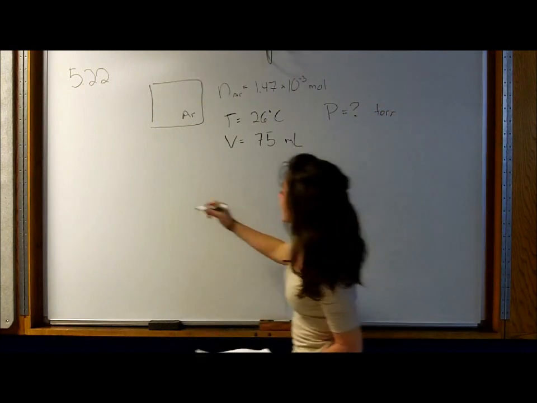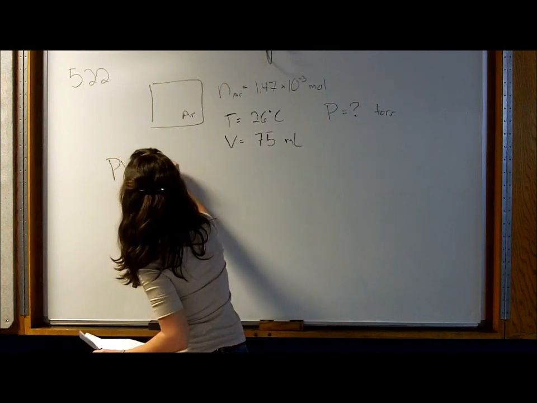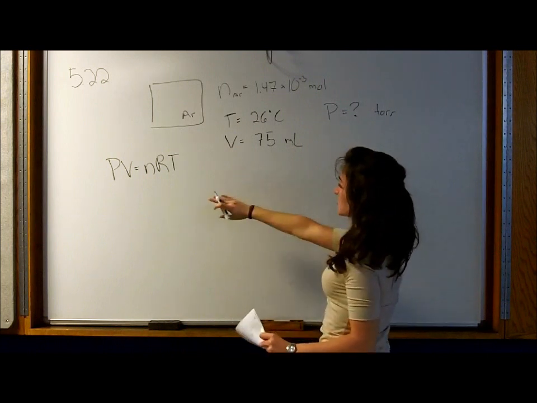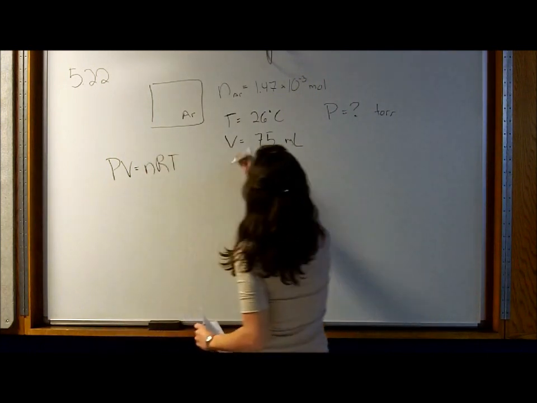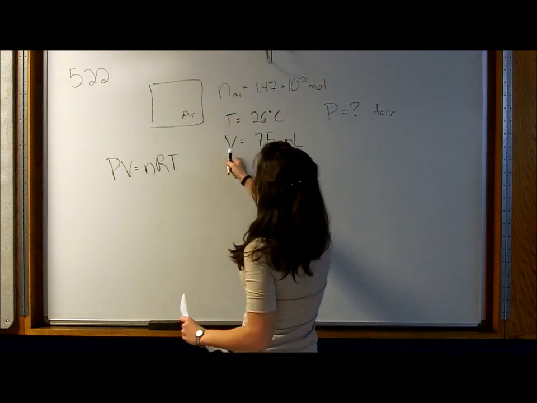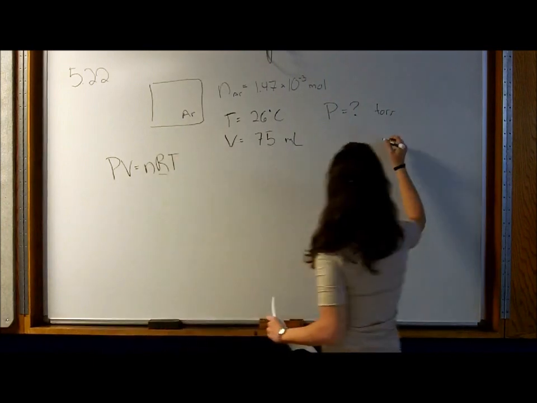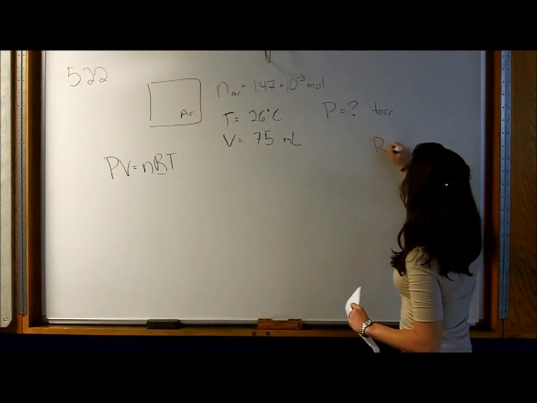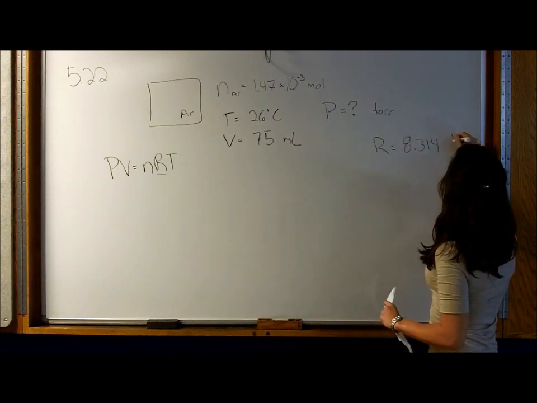Now our relation again, for all these variables, is PV equals nRT. We're still assuming this is an ideal gas, so we can use our ideal gas equation. Now we're going to plug in moles, temperature, and volume to get pressure. We have R. There's two different conversions for R. There's R equals 8.314 joules per mole Kelvin.